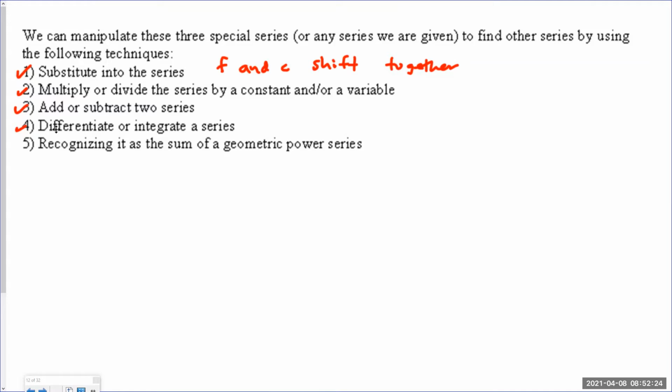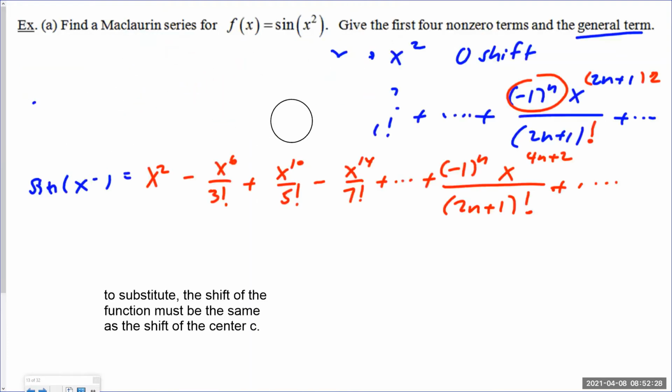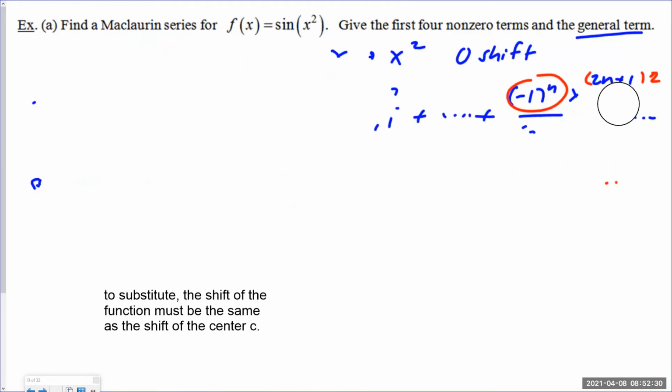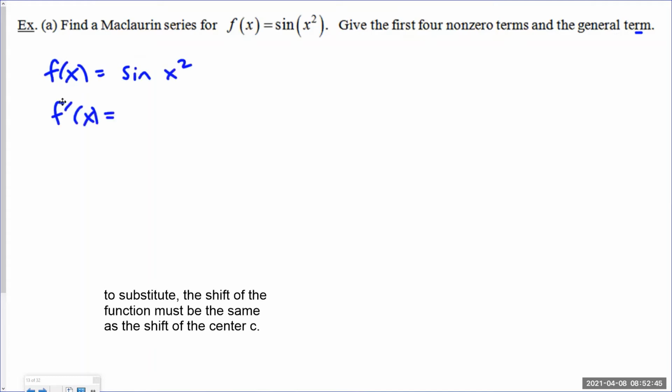Okay, so let's first look at some manipulation. First, we're going to look at the function sin(x²). I want the Maclaurin series for sin(x²). If you set up the table for this, I'll just start setting up the table. The derivative of sin(x²) is 2x cos(x²).